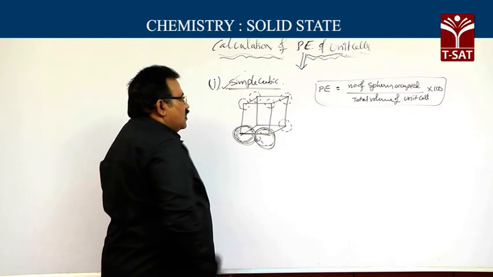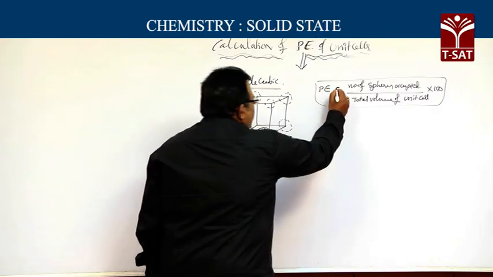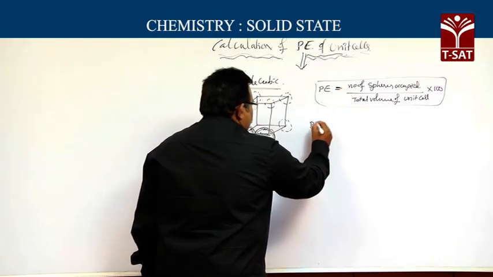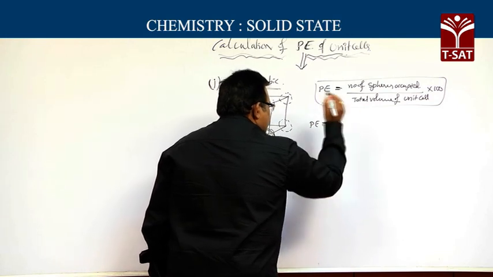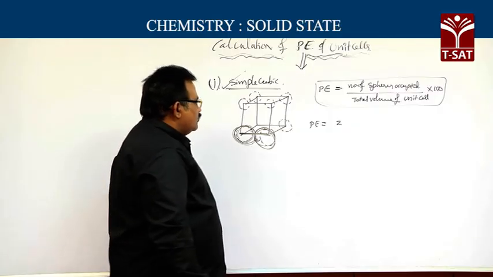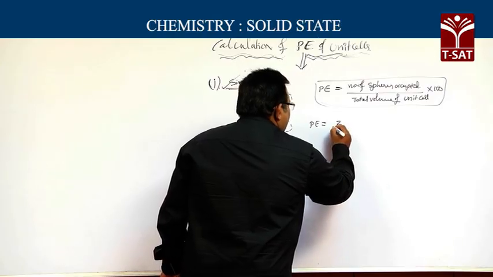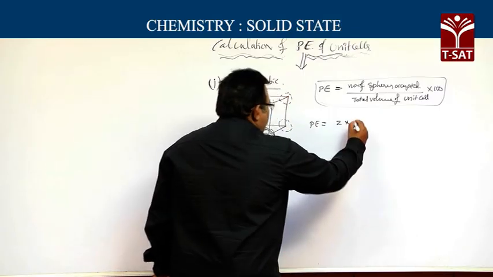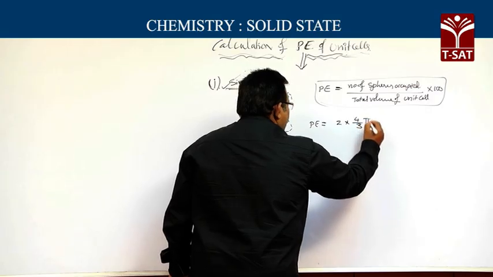In simple cubic unit cell, number of spheres occupied is equal to number of atoms per unit cell, Z, and its volume. Sphere volume is 4/3 pi r cube.